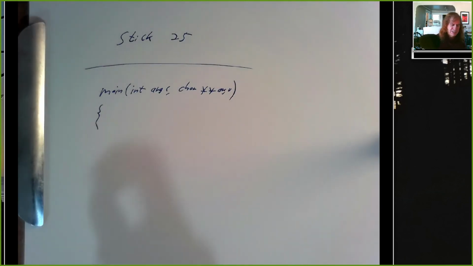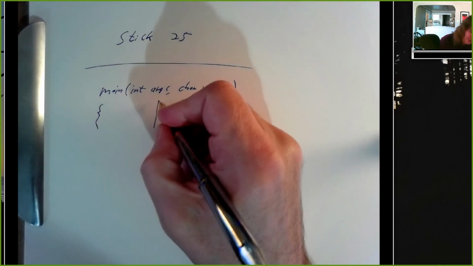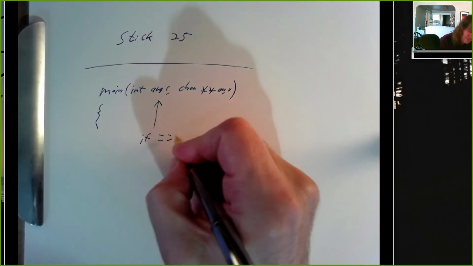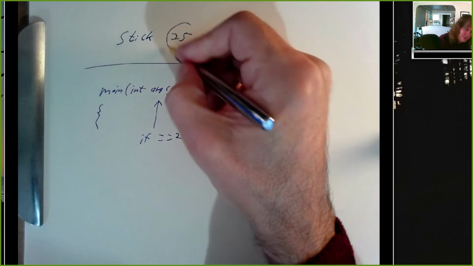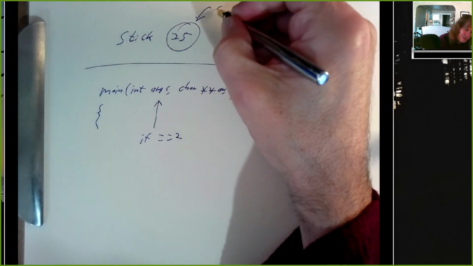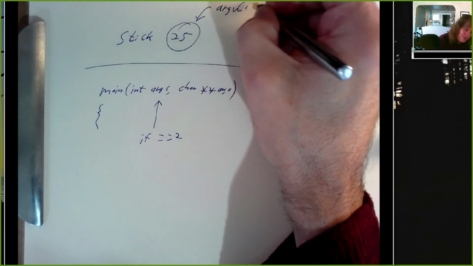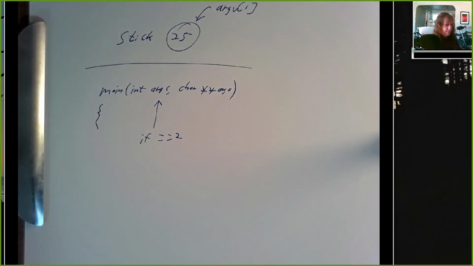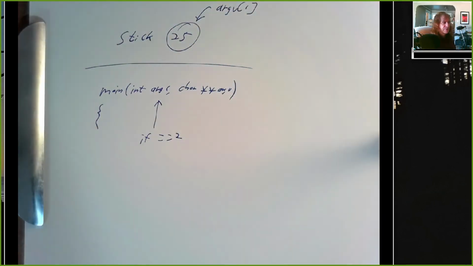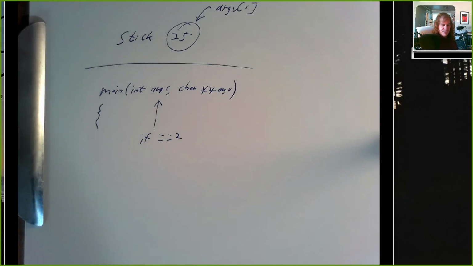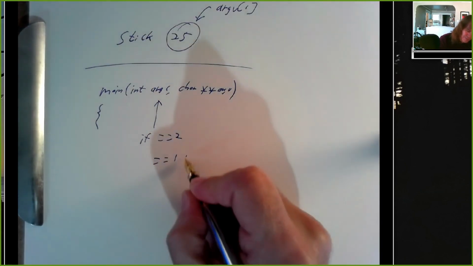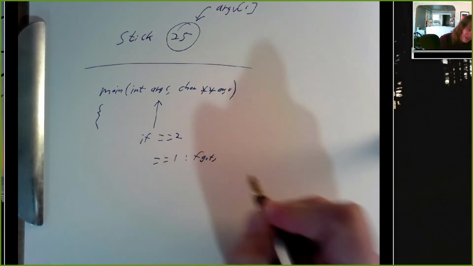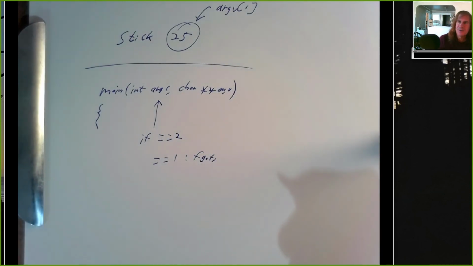And in the logic of your main program, you would look at argc and see if it's equal to 2. And if it is, then you know that there was an argument given, and you know that argument is tucked away in argv bracket 1. And you go ahead and you take that and you run it through scanf. And if your argc was equal to 1, then you use fgets instead to read in a string saying how many sticks you want to play with.